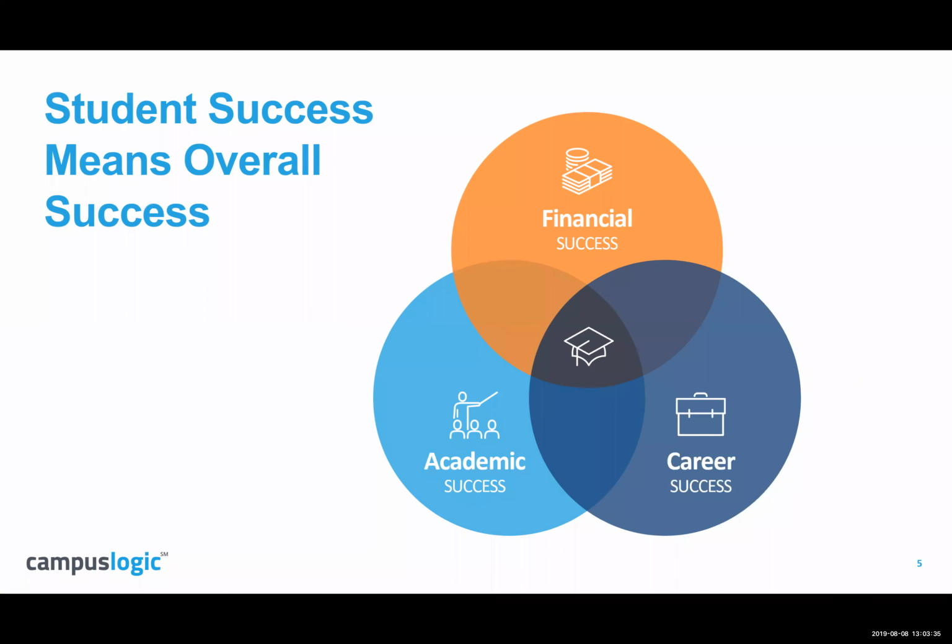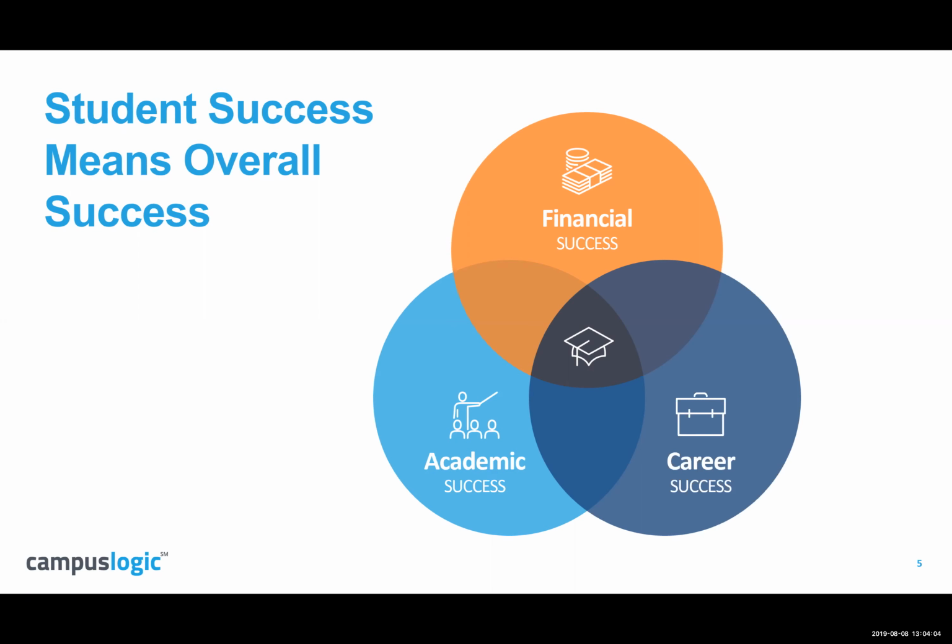When we look at the idea of how an institution promotes student success, we believe there are three pillars of student success, and that historically the focus has been on that lower left-hand one, academic success. When schools invest, they're investing today primarily in things that help students in the classroom, or they're focused on academic readiness, academic preparedness.